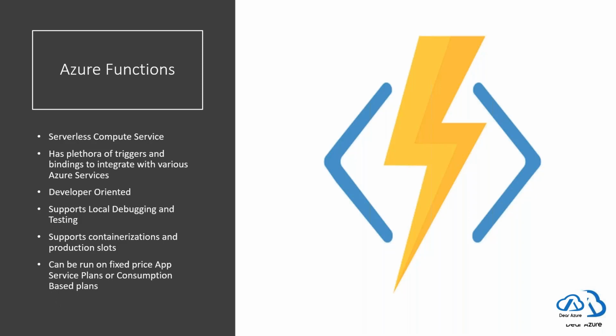Like Azure Logic Apps, Azure Functions can be run on fixed price app service plans, or we can use consumption-based plans. Mostly with integration scenarios, the consumption-based plan is used because it remains cheaper in the longer run.